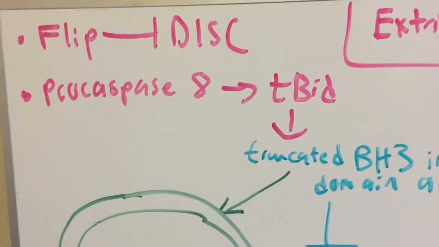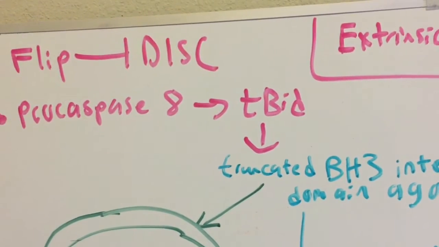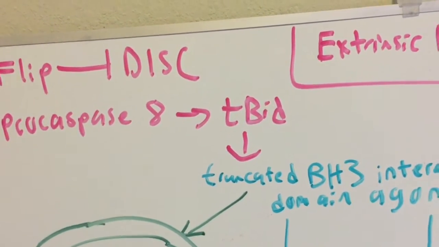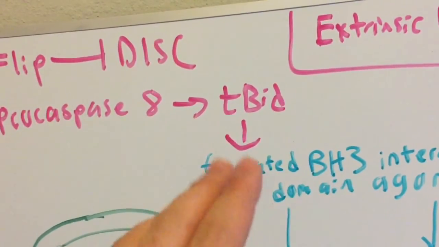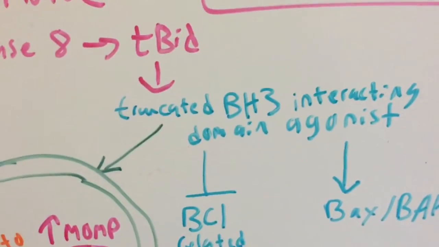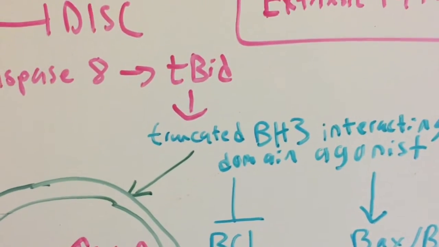Also, whenever procaspase is recruited with the death effector domain coming from FADD and is cleaved to activate it, there's also a cleavage of the BID protein, which is related to the pro- and anti-apoptotic proteins involved in the intrinsic pathway.